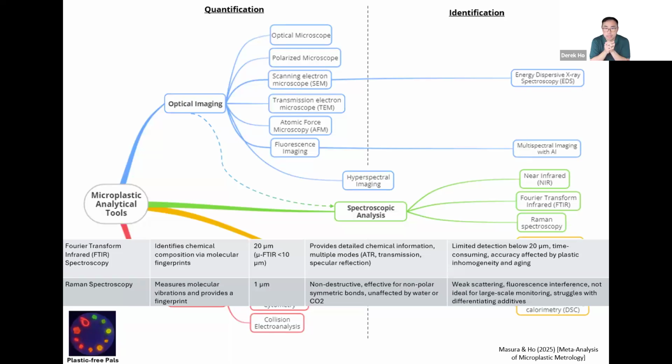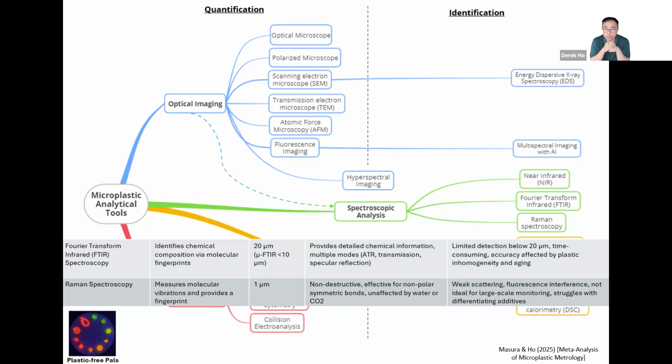However, these methods actually do have a few shortfalls. FTIR is unable to detect particles smaller than 20 microns, and it's a bit more time consuming because with the ATR FTIR, you have to place the particle underneath and press it down in order to get a signal.